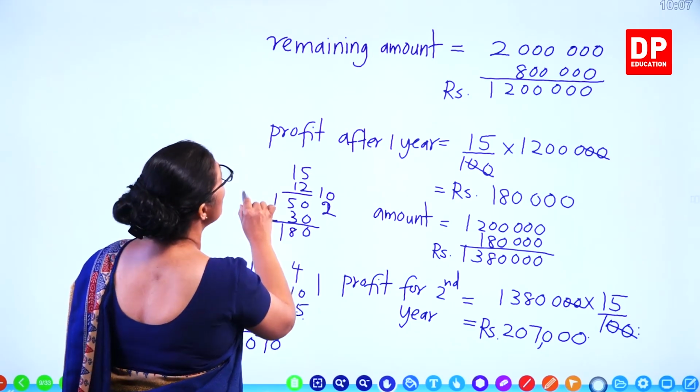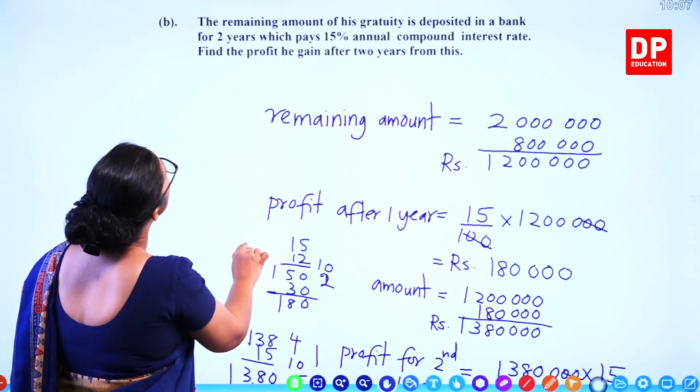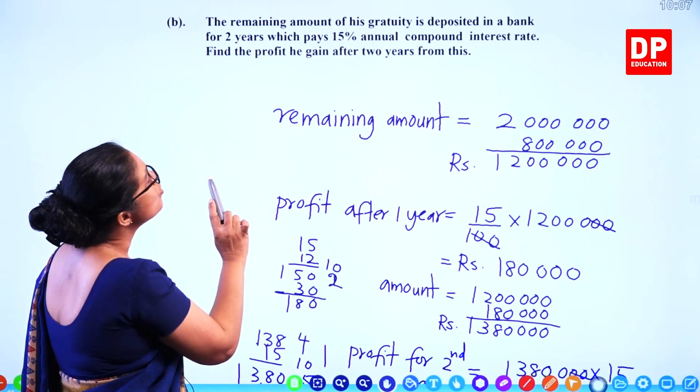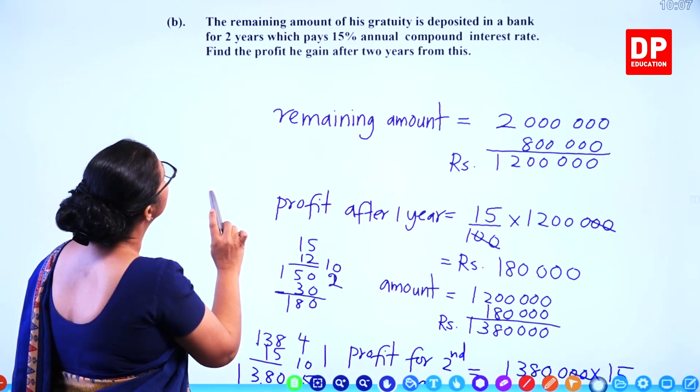So that's what we need. Find the profit he gained after 2 years from this.